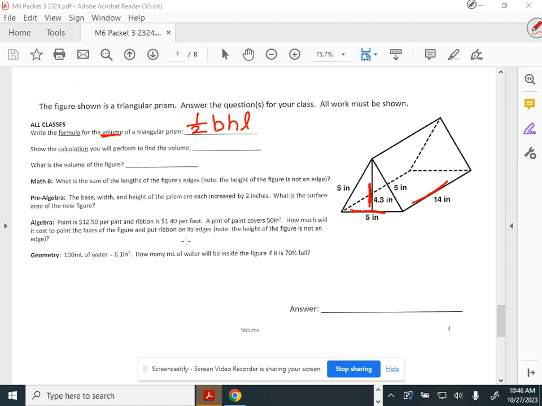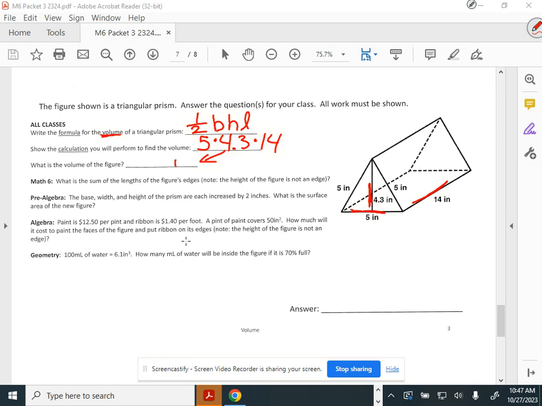So the calculation we're going to perform is our base times our height times our length. So 5 times 4.3, that's a decimal, times 14. When we do that calculation into our calculator, 5 times 4.3 times 14, that is your volume.